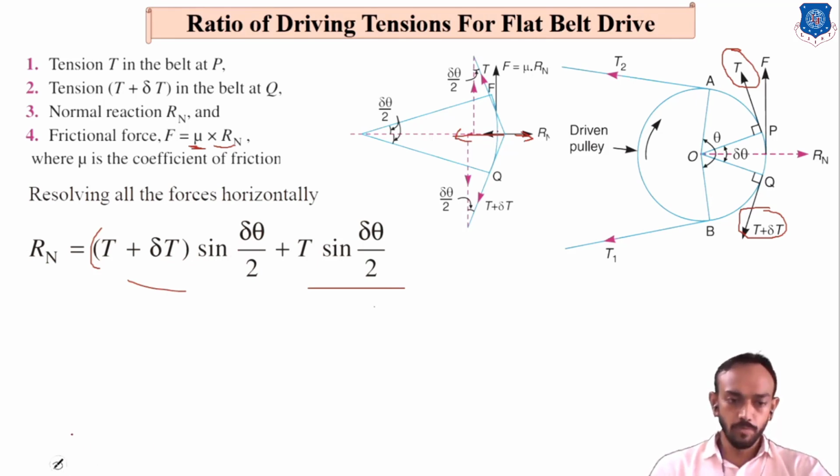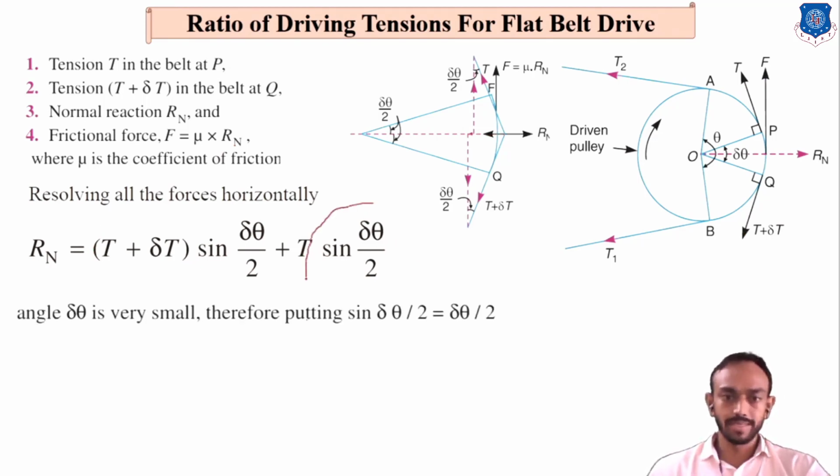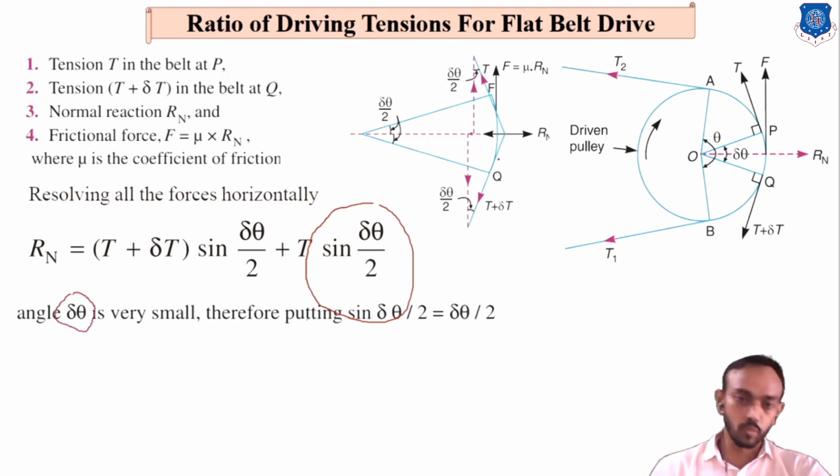Since d theta is a very small angle, sin d theta by 2 can be written directly as d theta by 2.